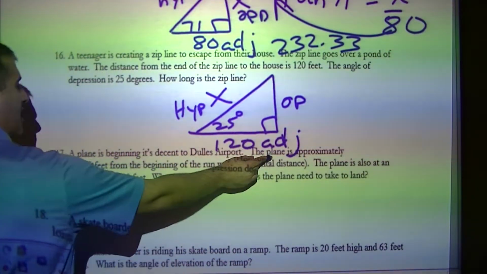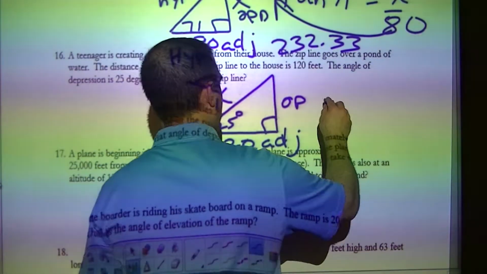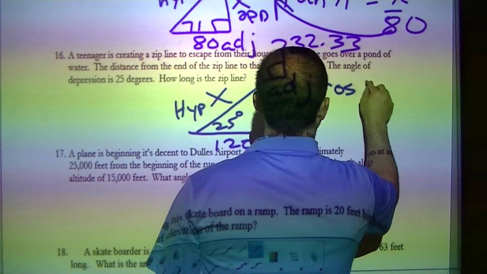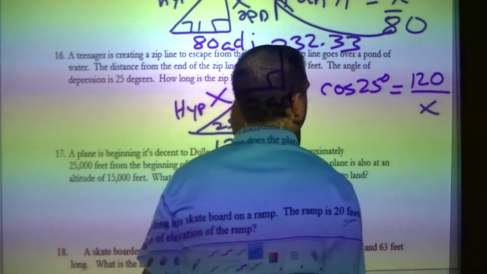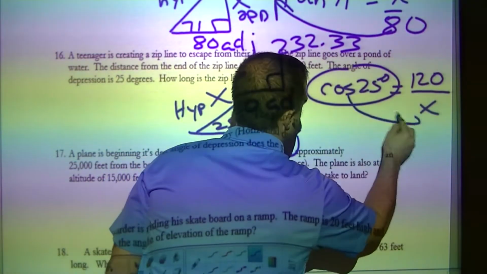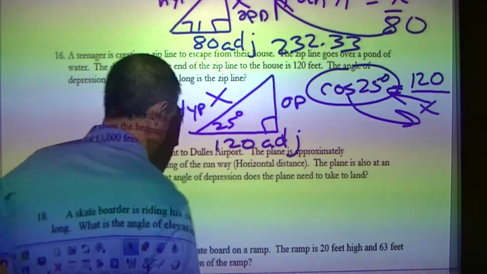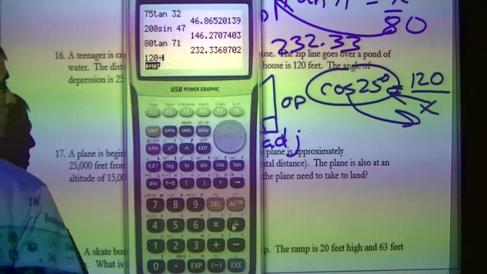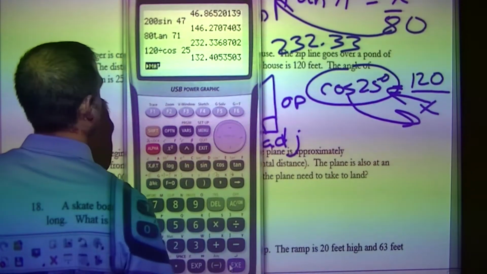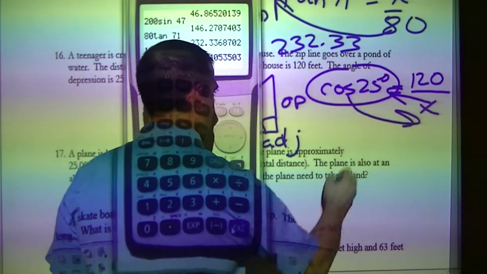In that case, you have adjacent and hypotenuse, so that's going to be cosine. So cosine of 25 equals 120 over x. This is one where we're going to put that underneath and move that up. So that's 120 divided by the cosine of 25. All right, 132.40.